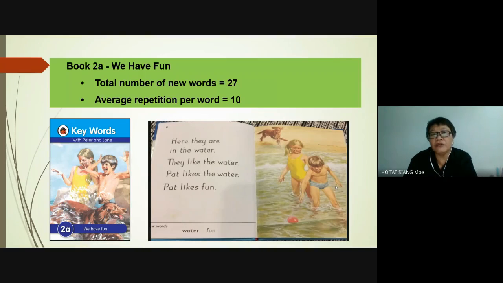The rest are all familiar words to them already because they learned all these words previously from 1A or from the previous pages. So the average repetition per word is about 10 times. That means they will keep on seeing the same word. Example, the word pet, the word lights, they will see them more than 10 times.